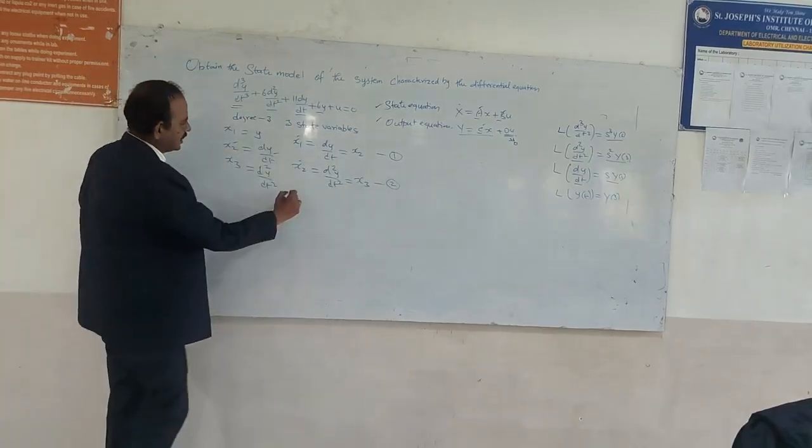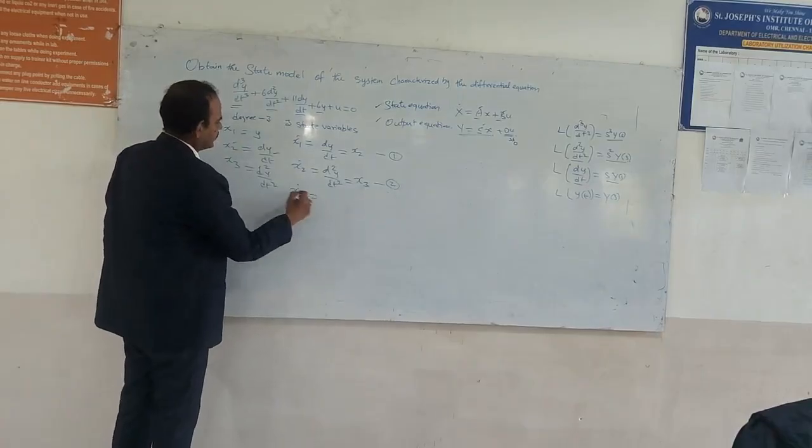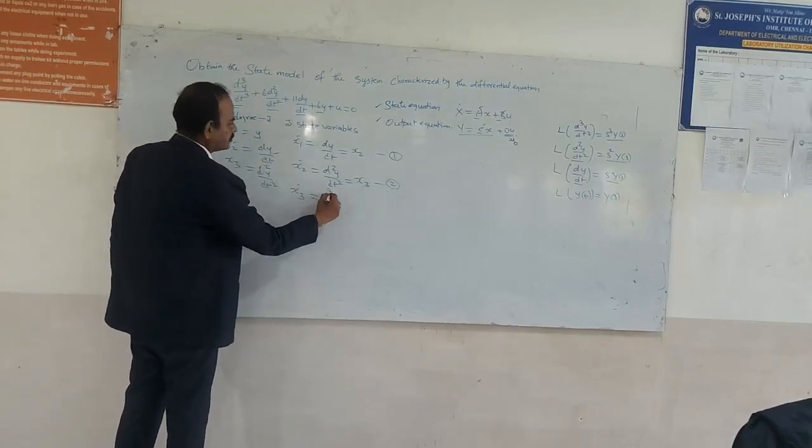Now x3 dot is nothing but d cube y by dt cube.